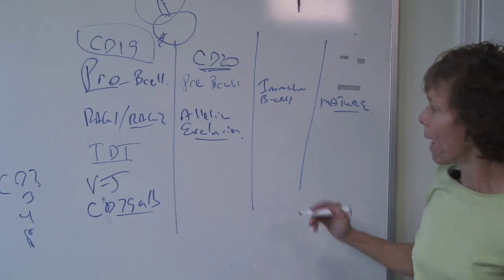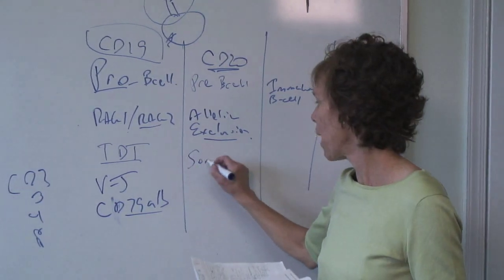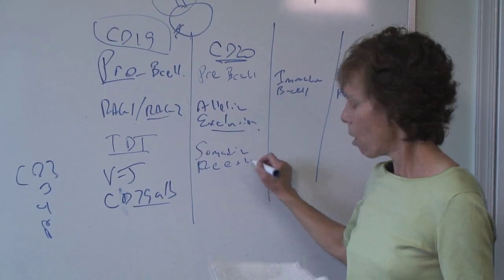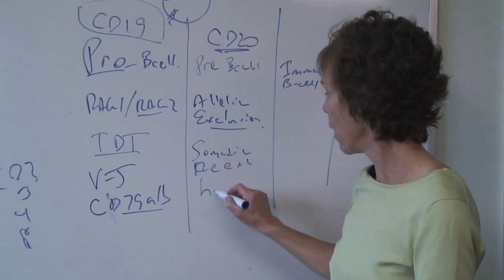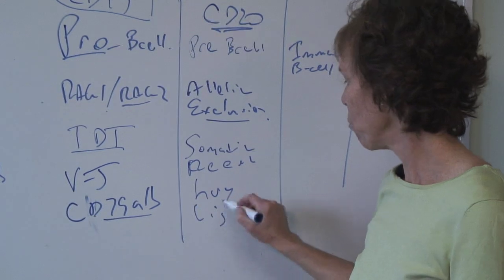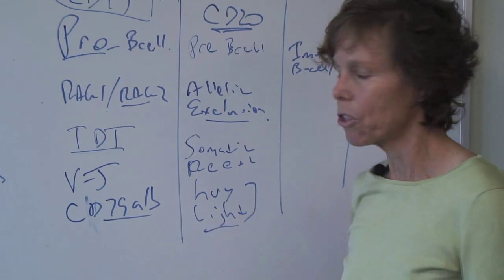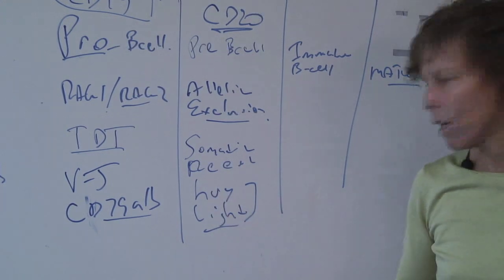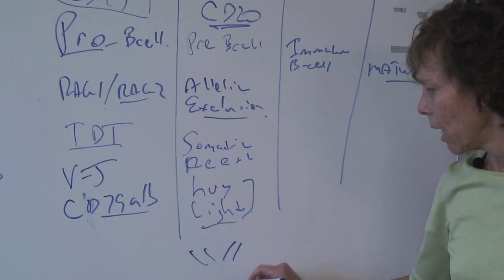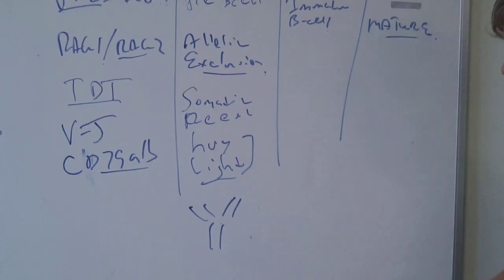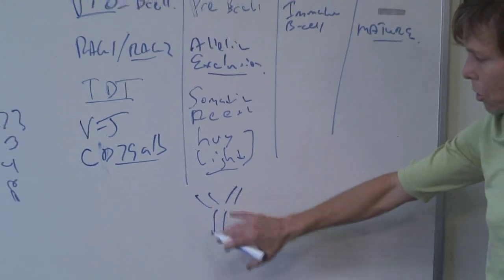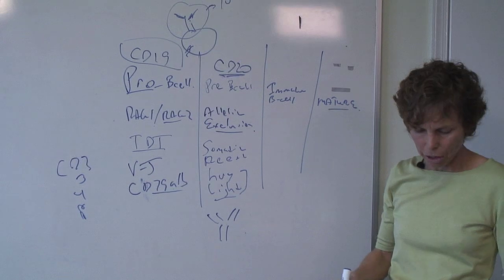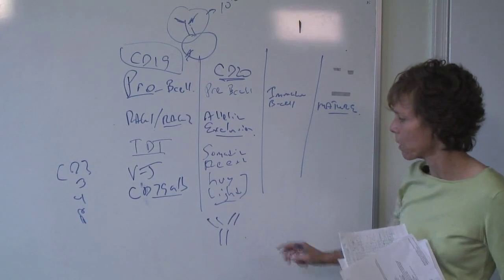And you get somatic recombination, somatic because these are somatic cells, recombination of your heavy and light chain, okay? Heavy and light chain. And we'll talk more about the structure of the receptor itself, but suffice it to say, you've got your heavy and your light chains with regard to the antibody, which is essentially the same structure as the B cell receptor.